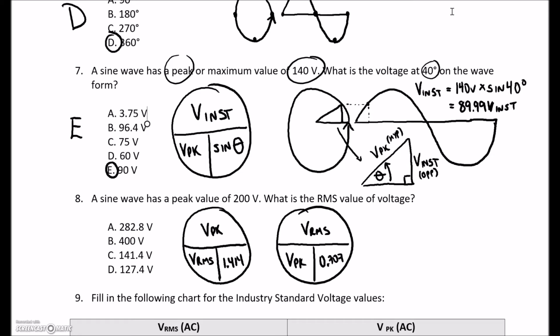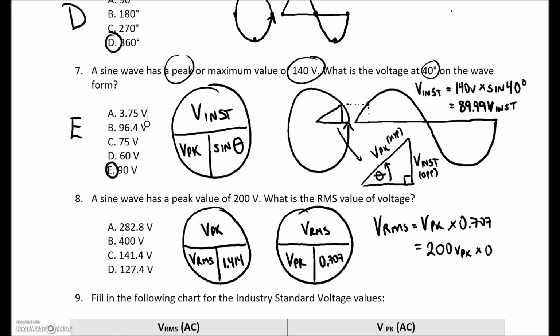Okay, so a sine wave has a peak value of 200 volts, and we're looking for the RMS. So I'm going to use this guy right here, just because that's how I want to roll today. Vrms is equal to V peak times our 0.707, and we have a peak voltage of 200 volts.